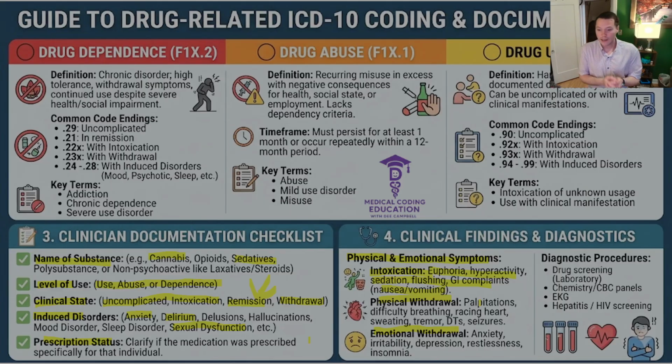So because of that, your coder cannot assign any of the alcohol disorder codes. You as a provider must list all of this explicitly for the patient to actually be considered an alcohol use disorder or alcohol dependency in that scenario. So just make certain you give us the full story.